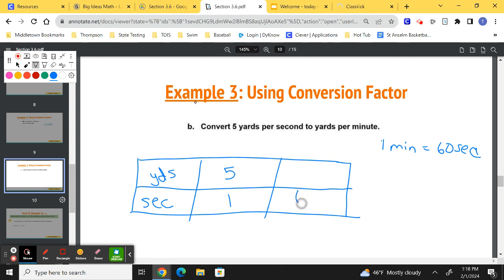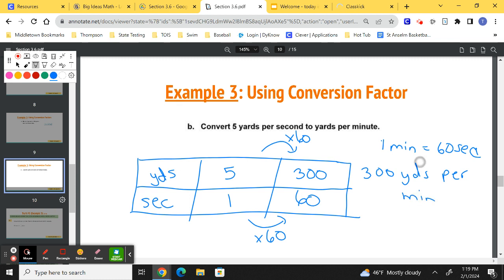So times 60, which what are you gonna do up here? Times 60, which you get? 300. Excellent. So go ahead, say it again. 300 yards. Beautiful, and I love that you said 1 minute, not 60 seconds. So 300 yards, and you can say per minute.